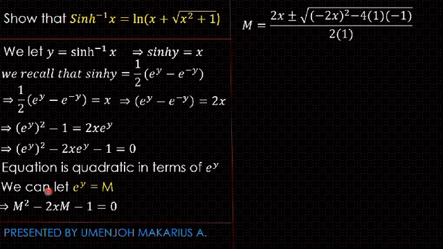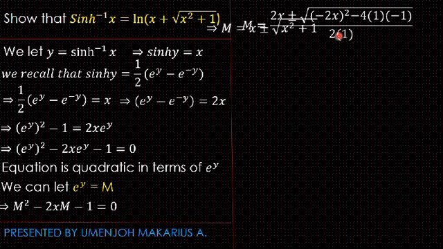Keep in mind that our b in this case is negative 2x. So negative of it gives us 2x, then plus or minus the square root of b squared, minus 4 times a, where a is 1, the coefficient of m squared, and c is negative 1. That's why we have negative 1 here. All that over 2a, where a was 1.